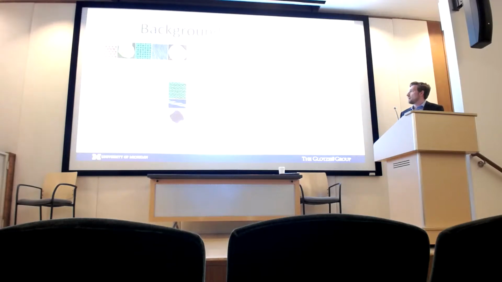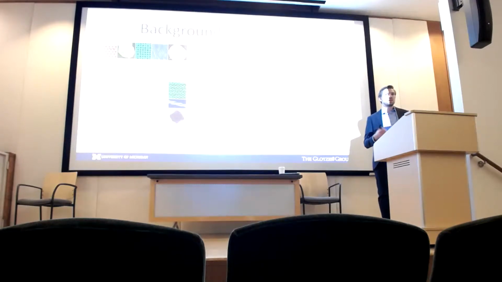So I want to start by introducing the general problem space. We're looking at nanocrystal self-assembly, and this is a figure I took from a review by Bolz and coworkers, who really nicely outlined all the kinds of ingredients that go into crystal self-assembly on a nanoscale.